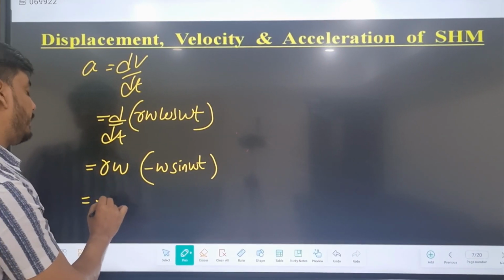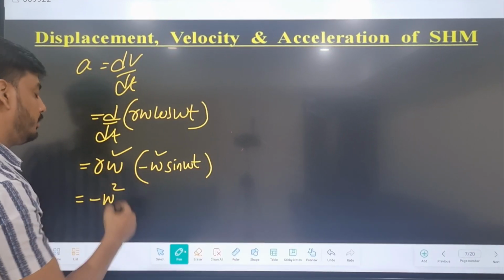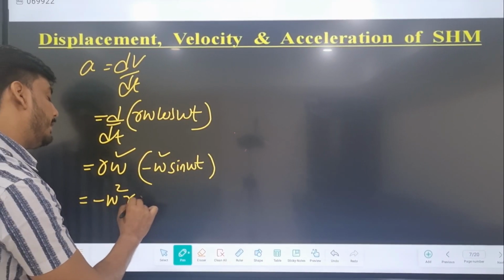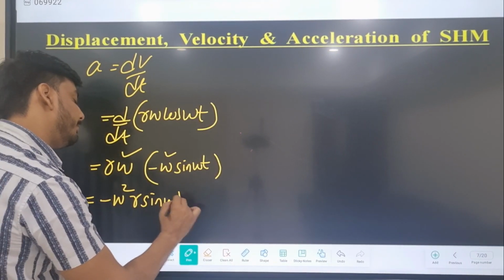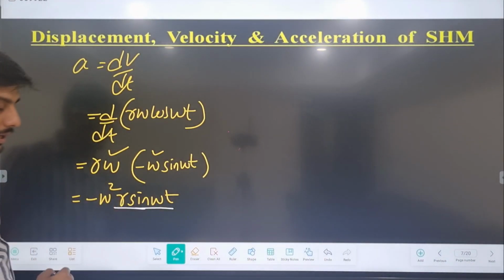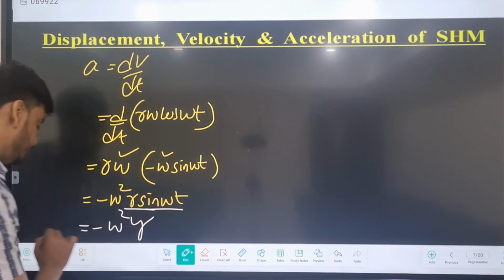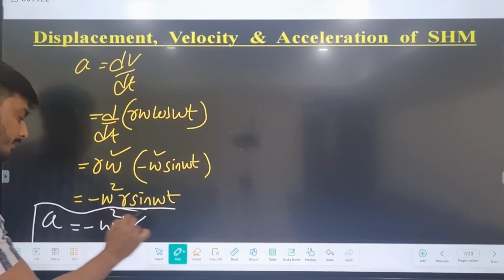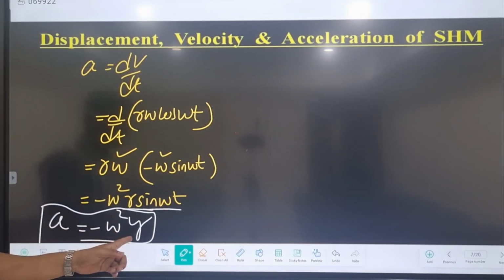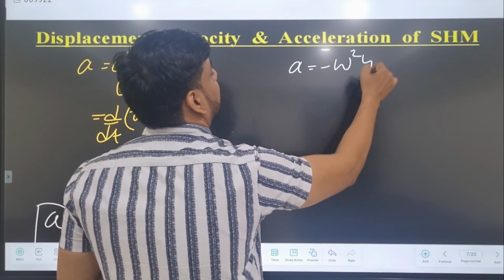So this will be minus omega square, one omega here, another here, omega into omega, omega square, r sine omega t. Again you can see we have r sine omega t, so we can write minus omega square y.